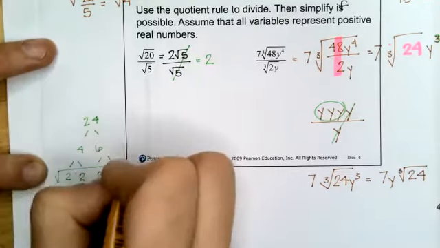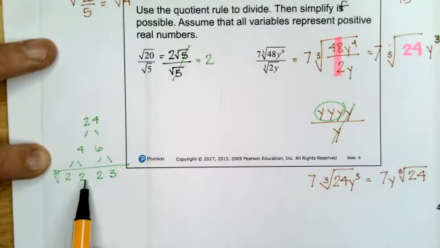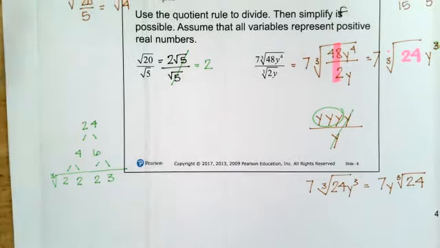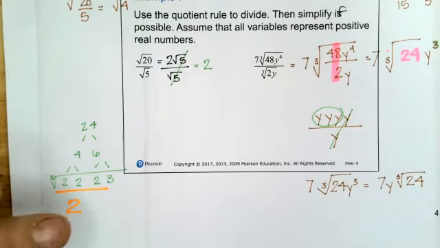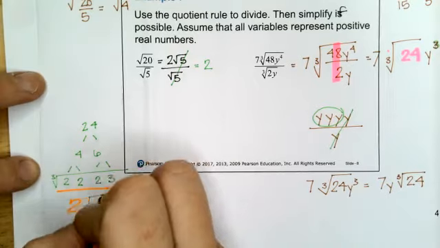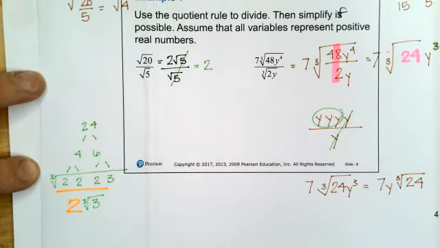So we have the cubed root of 2 times 2 times 2 times 3. That means I can pull out a 2, and the 3 is left.